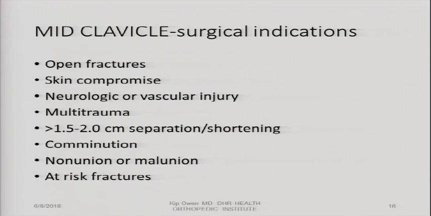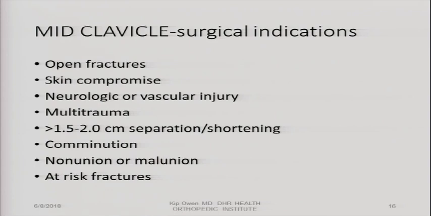Some of those indications include open fractures where the bone is projected through the skin, or skin compromise. If there's enough tenting of the skin that it may degrade the skin, where the skin's going to break down, that becomes a surgical indication.